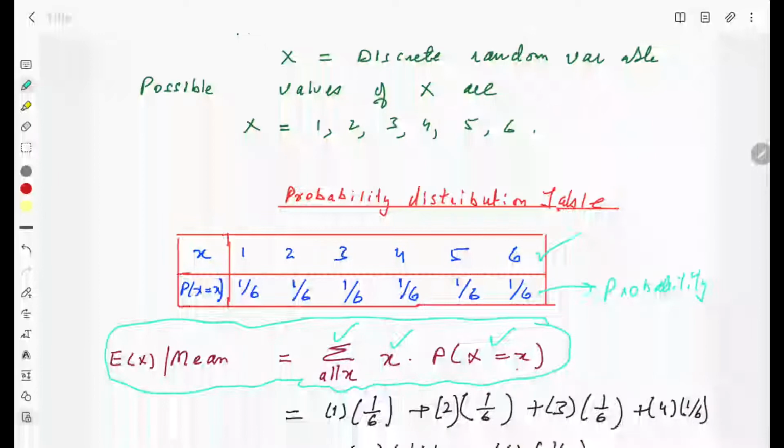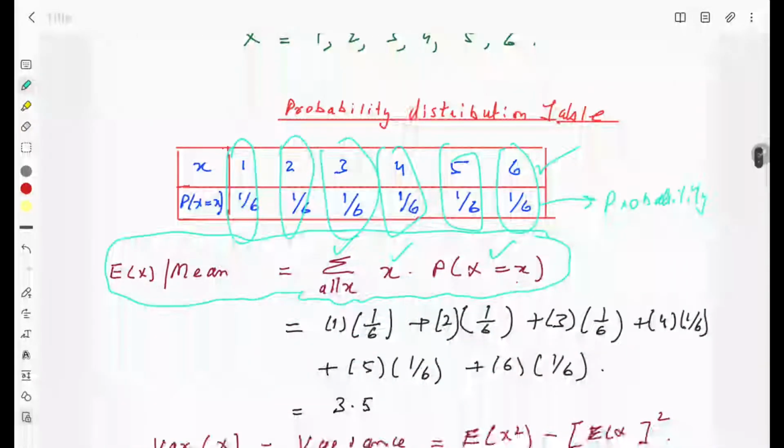So I multiply all my x values by the probability and add all the results. If I simplify it, the answer is 3.5, which is my mean score in case of a fair dice.